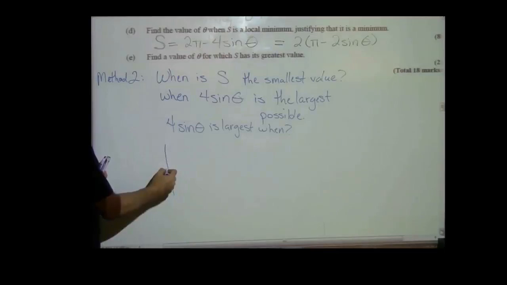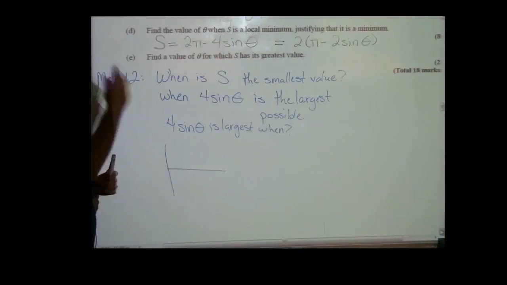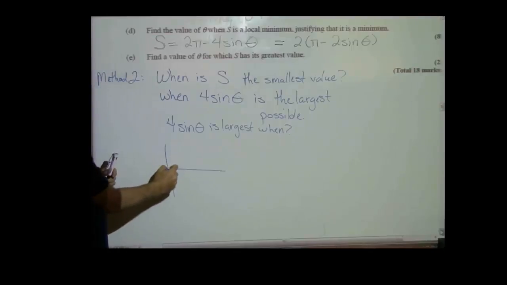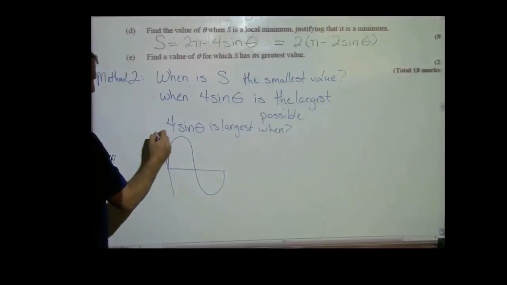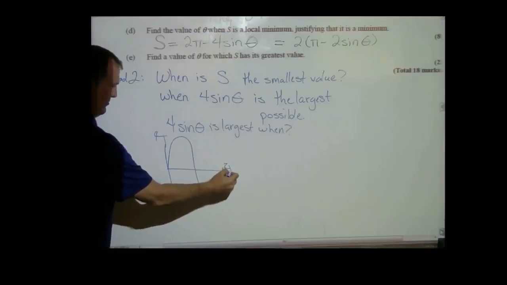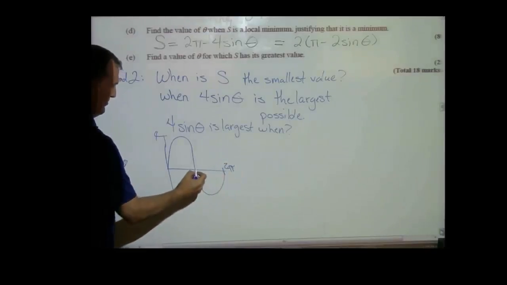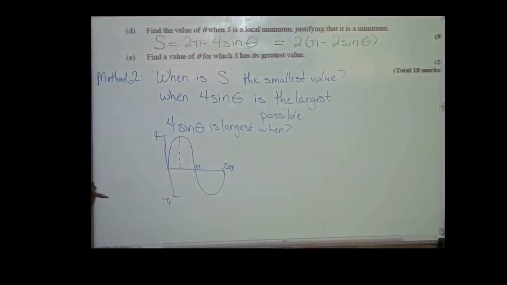And here we can actually go off, if we want, 4 sine theta, amplitude of 4, the sine curve. And there you've just justified for me that when theta is pi over 2, S is a minimum.